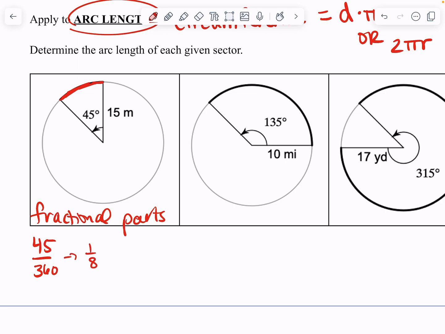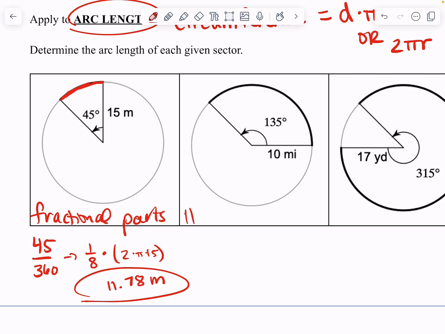So this is 1/8 of the circle that I'm interested in, and then I'm going to multiply it by the circumference. So in this case, this is 2 pi times 15. So 1/8 times that, math gives me 11.78. And that's just meters, no squared, as we're not multiplying multiple meters together.